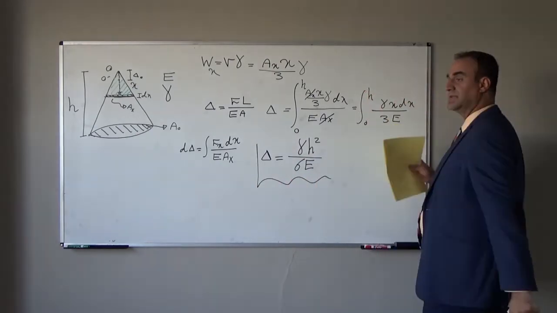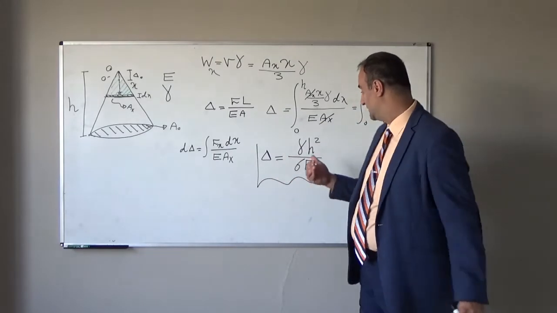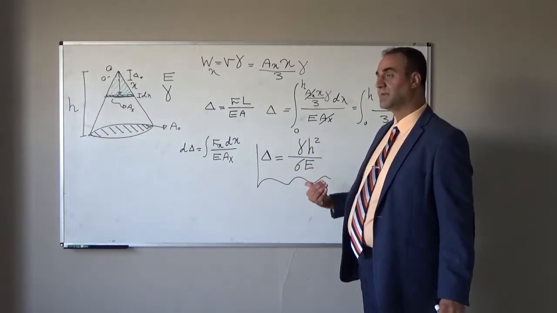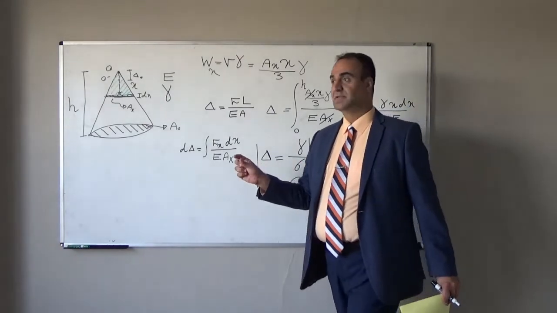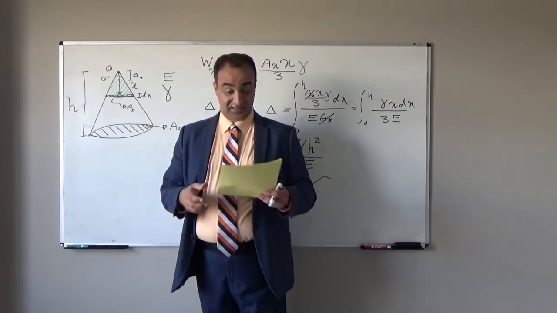Because gamma, unit weight of the material, unit weight for any material, it is known value. We know the gamma. Cone height is known. Young modulus for material is known. We can find delta, deformation under self weight.